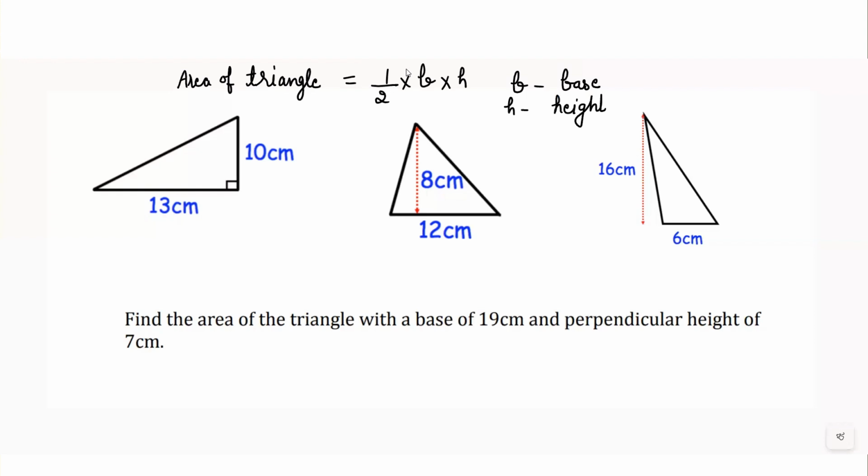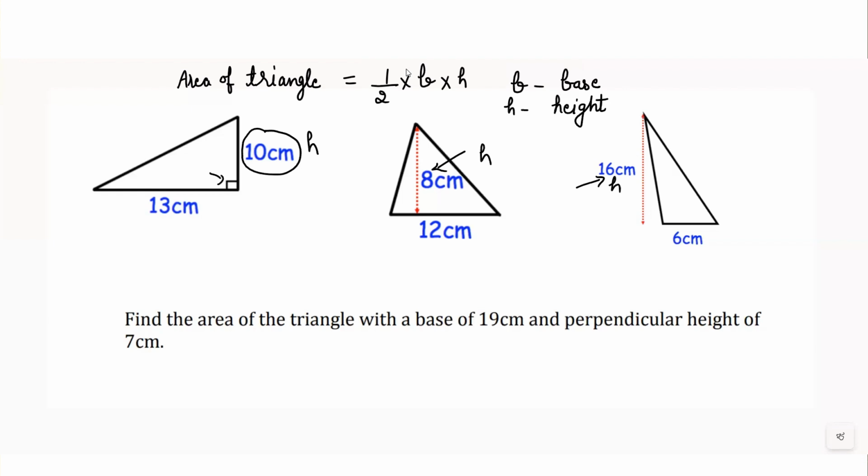So you can see here we have three different triangles, and in these three different triangles, this one is height, this one is height, and this one is height. That means height is a perpendicular height, where you can see it is making a 90-degree angle.